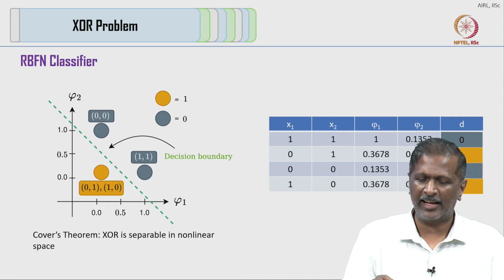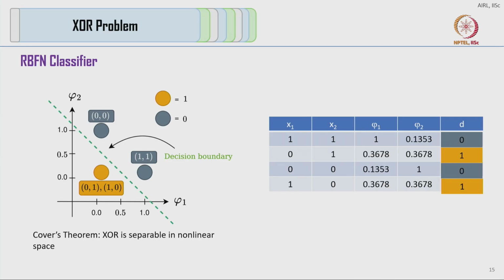So I take the data x1 and x2. If I compute phi 1 and phi 2 for 1 1, I get 1 comma 0.1353. For 0 1, I get 0.3678 and 0.3678. For 0 0, I get 0.1353 and 1. You remember the neuron centers: mu 1 is 1 comma 1, mu 2 is 0 comma 0.